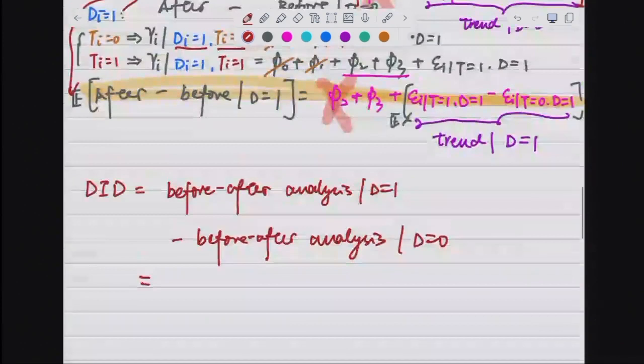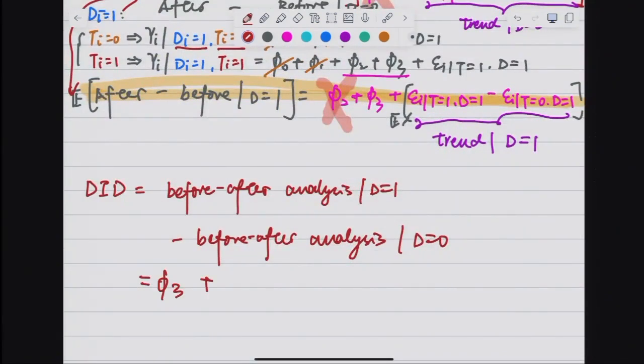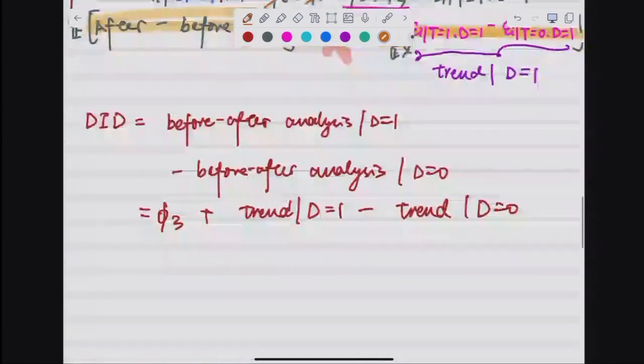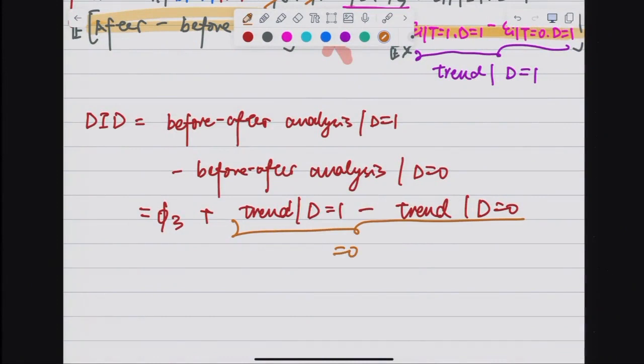So this is equal to phi 3 plus the trend, given that you're in the treatment group, minus the trend, given that you are in the control group. And this is equal to 0 under the common trend assumption.